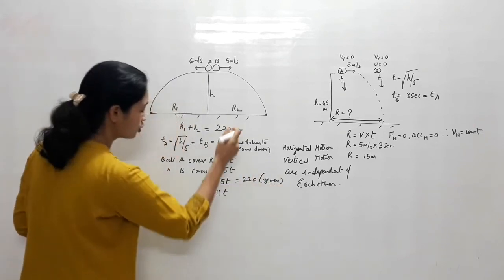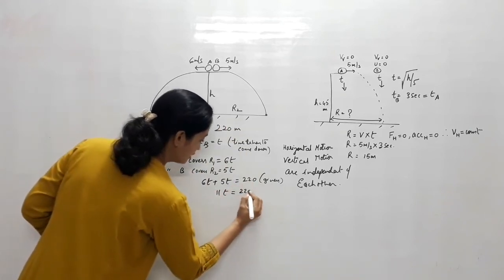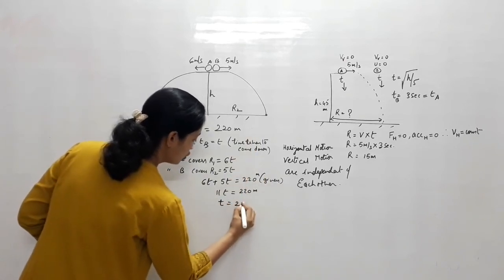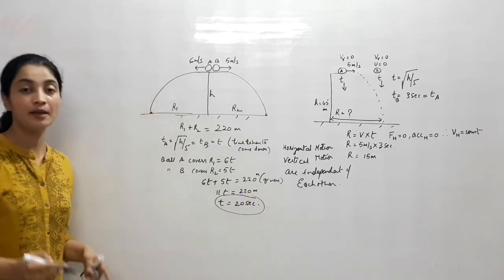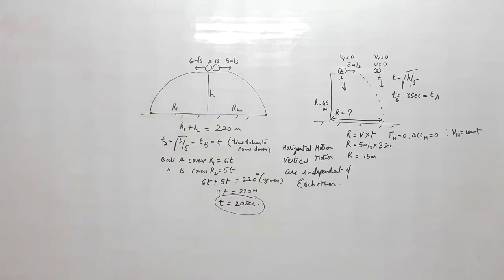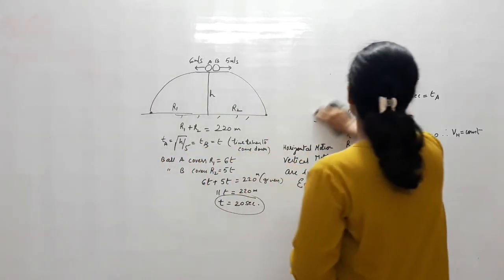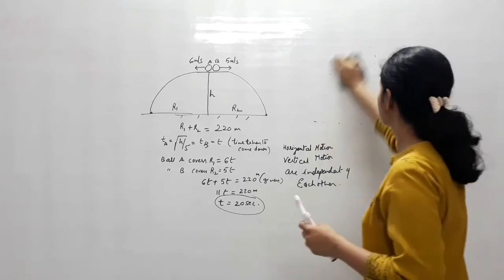I have purposely chosen 220 so that I get a simplified answer. 11t is 220 meters, so t is 20 seconds. This is the time in which both of them come down, irrespective of the fact that they have received different initial velocities. Last one question I would like to discuss.